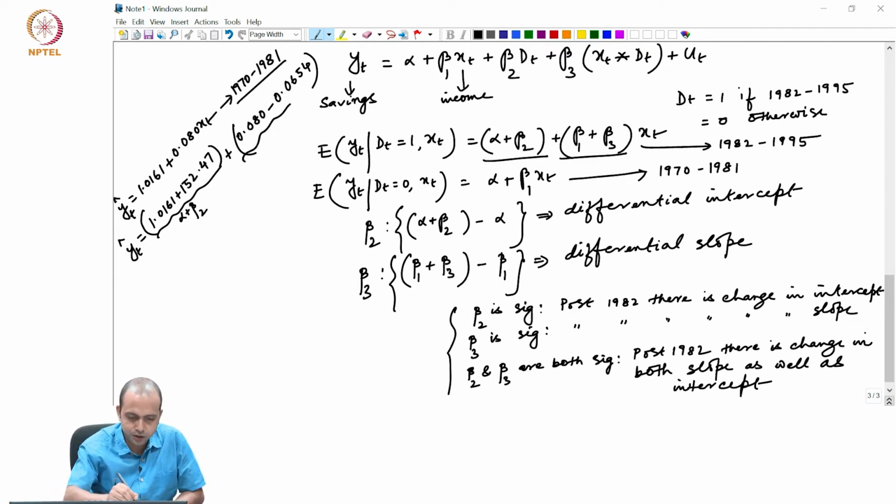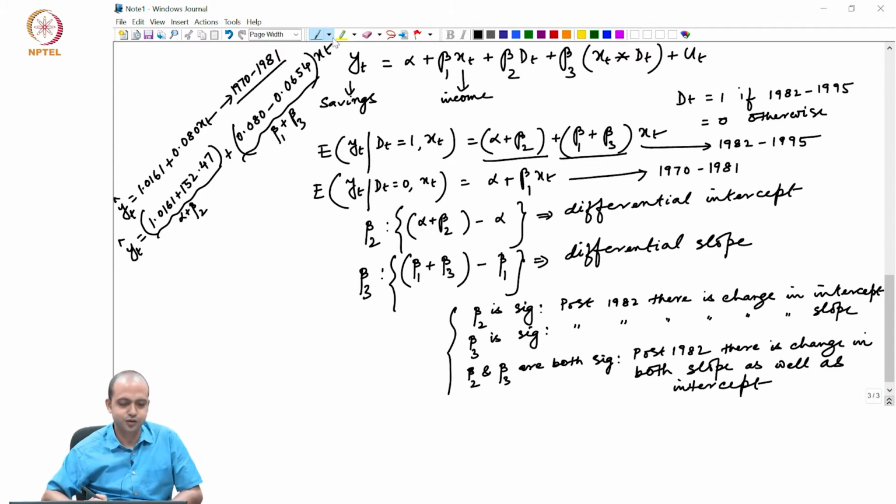This is actually your beta 1 plus beta 3, multiplied by xt. This is how you get the regression equation for the saving-income relationship for the post-recession period, that means 1982 to 1995.